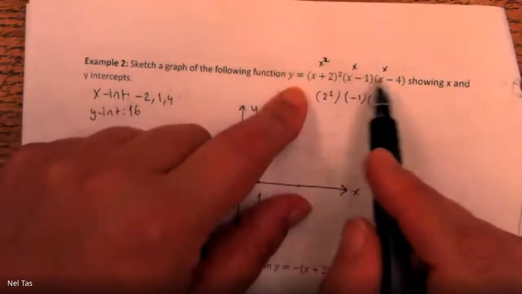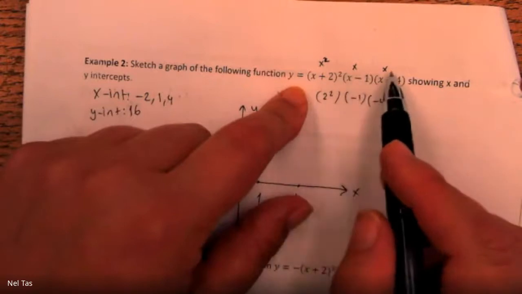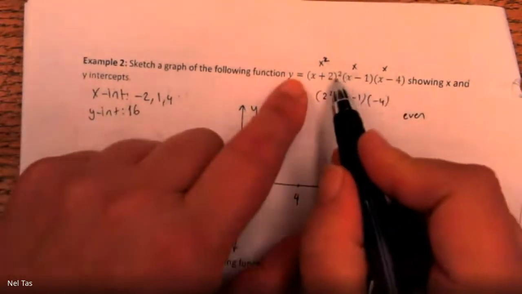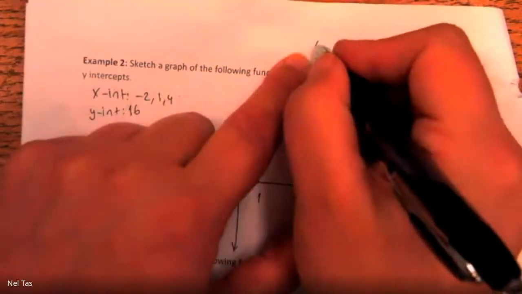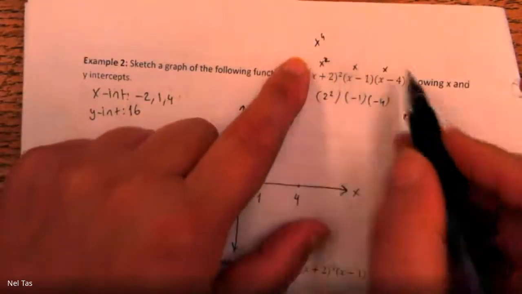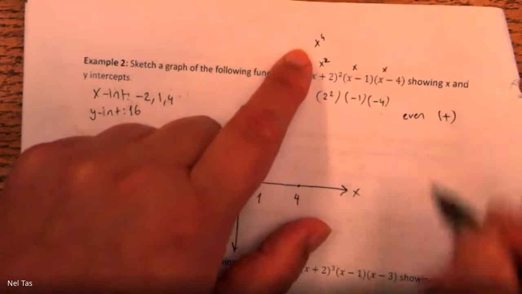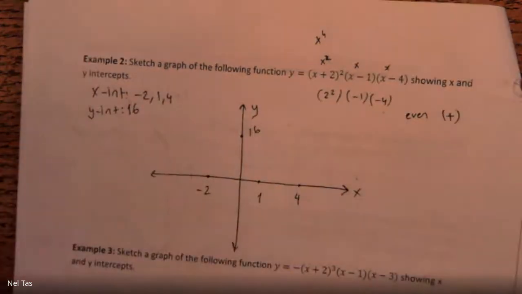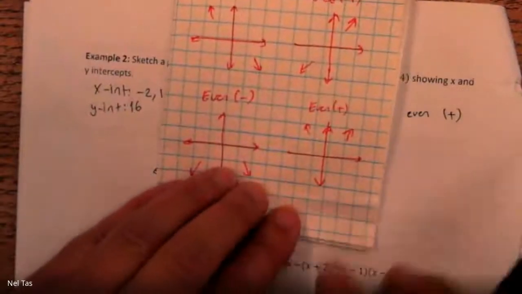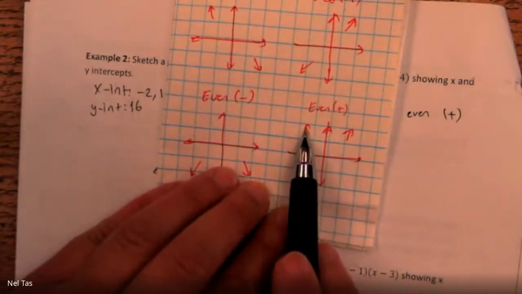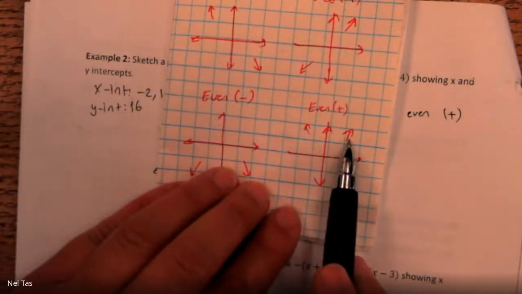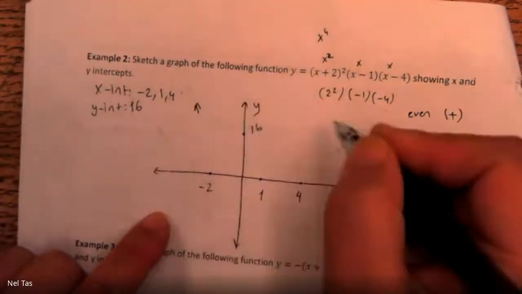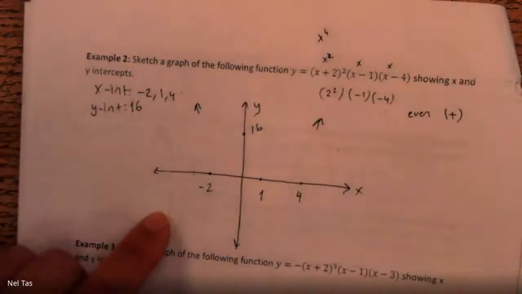If you multiply all of this, you get x to the power of 4, which is an even degree function, with a positive leading coefficient. Even with positive leading coefficient, you start from quadrant 2 and go to quadrant 1.